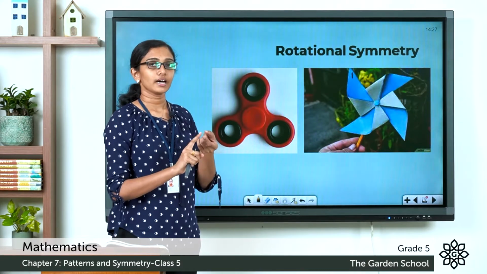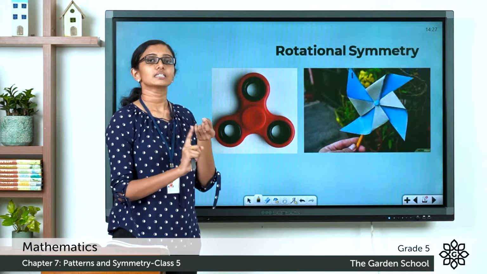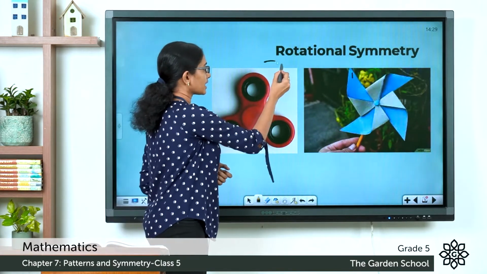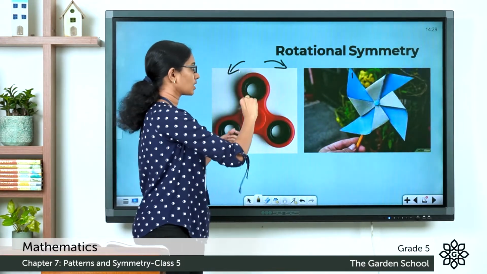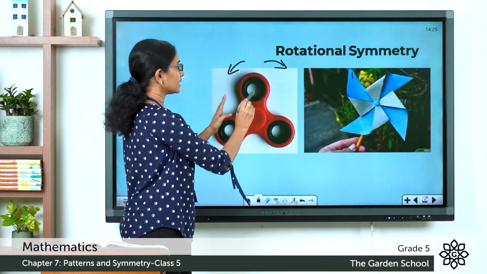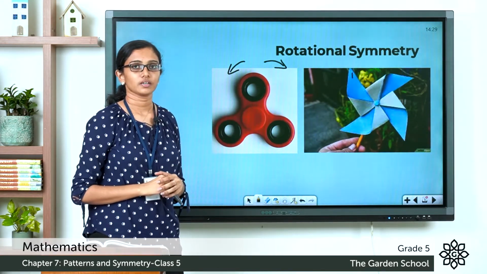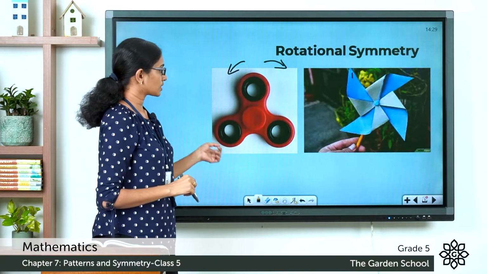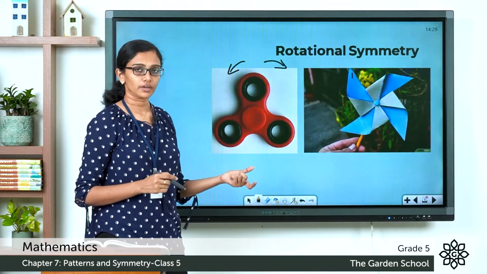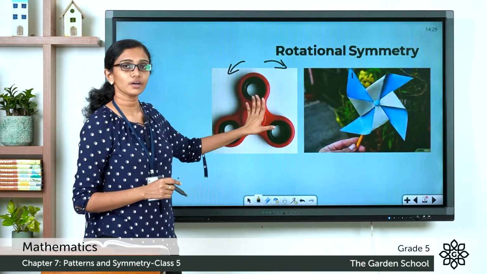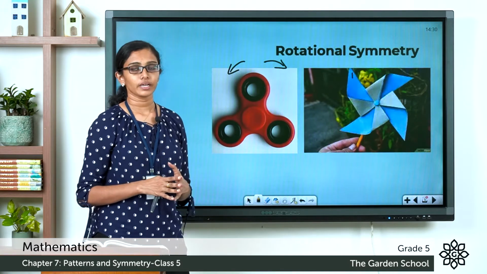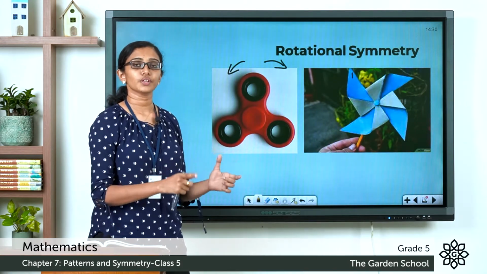So this fidget spinner rotates about this center point, right? And you are rotating it either this way or this way. When it goes to a certain angle, it will look exactly like the first picture. And when you keep turning it around, at certain points, it will look exactly the same way as it looked in the first position.